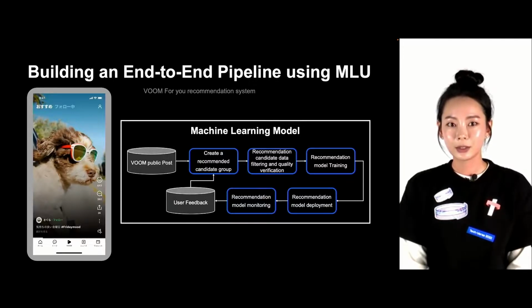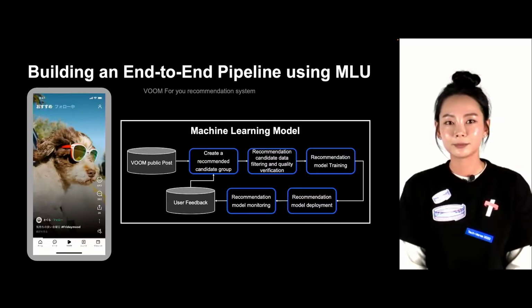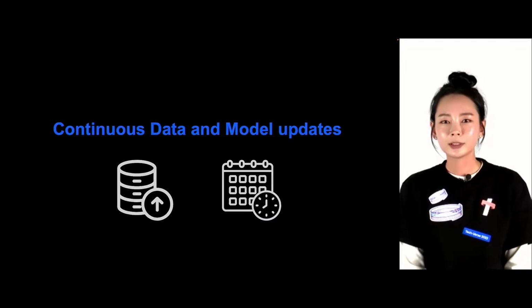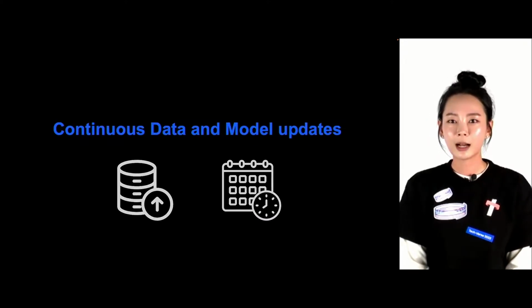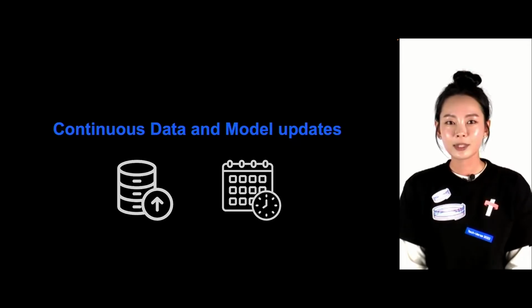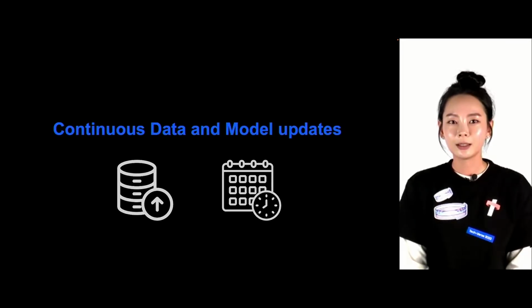So in the post, we receive feedback from the user, and we apply the result and continuously improve the performance to provide better recommendation posts. What's most important in the recommendation model is that the feedback is applied to the model so that the user can have a continuous experience.